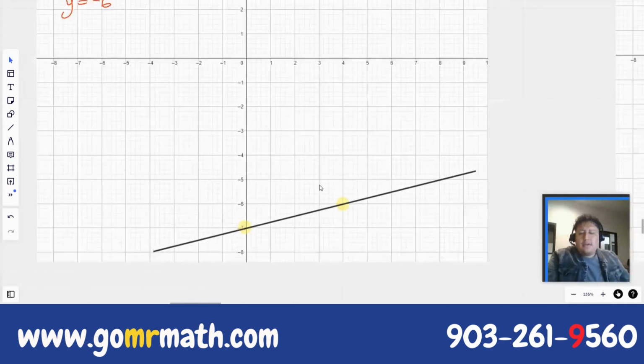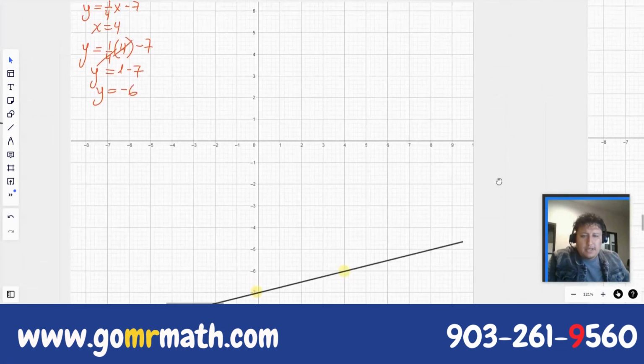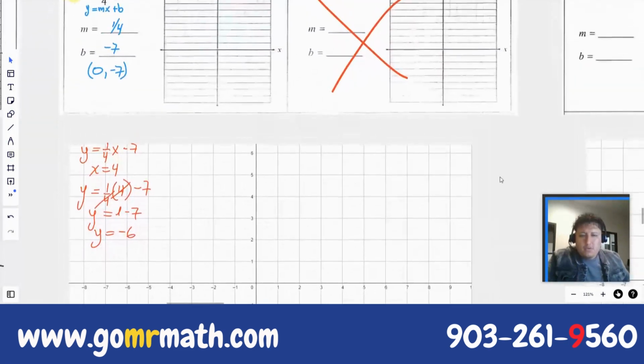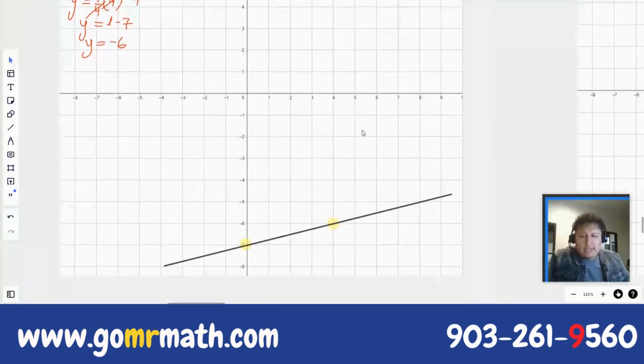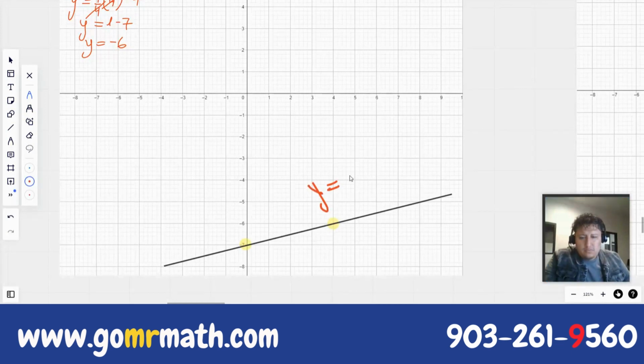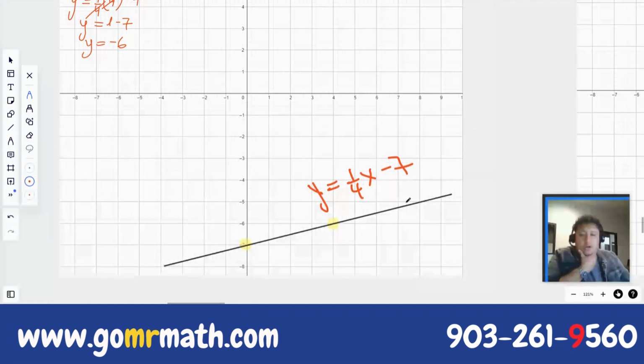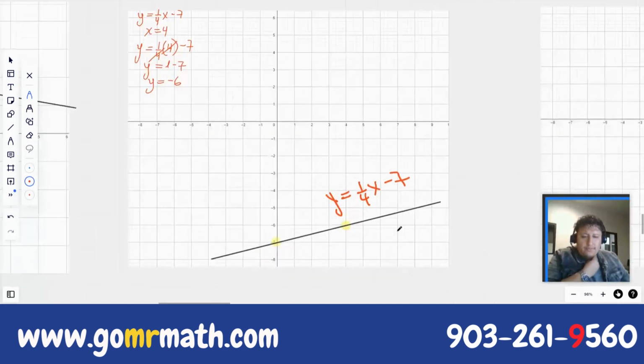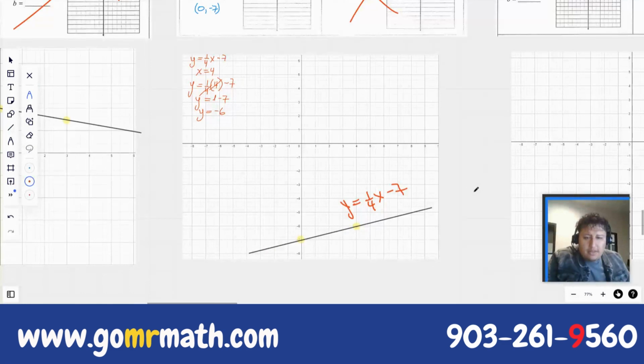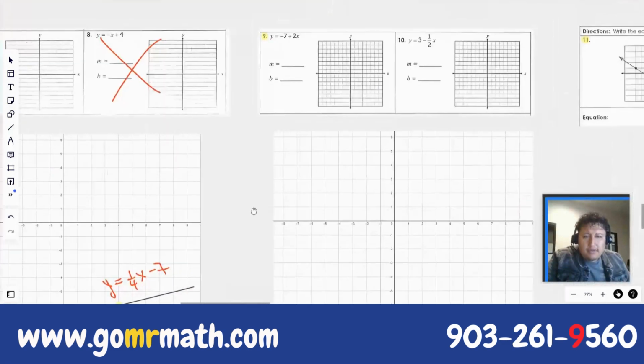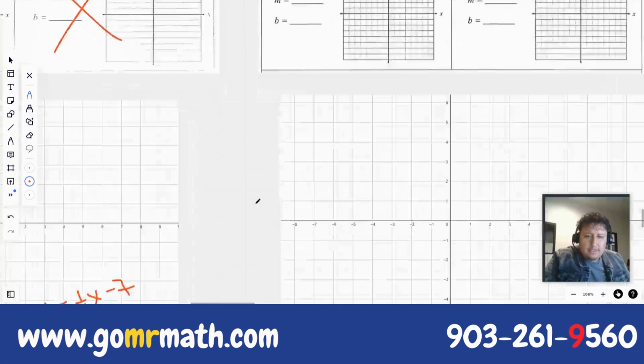Okay, all looks good. And this is the representation. This line represents the equation y equals 1/4 x minus 7. Okay, so look, our intercept with the y-axis is -7, and our slope is 1/4. Okay, let's go. I think this is the last one of this type.